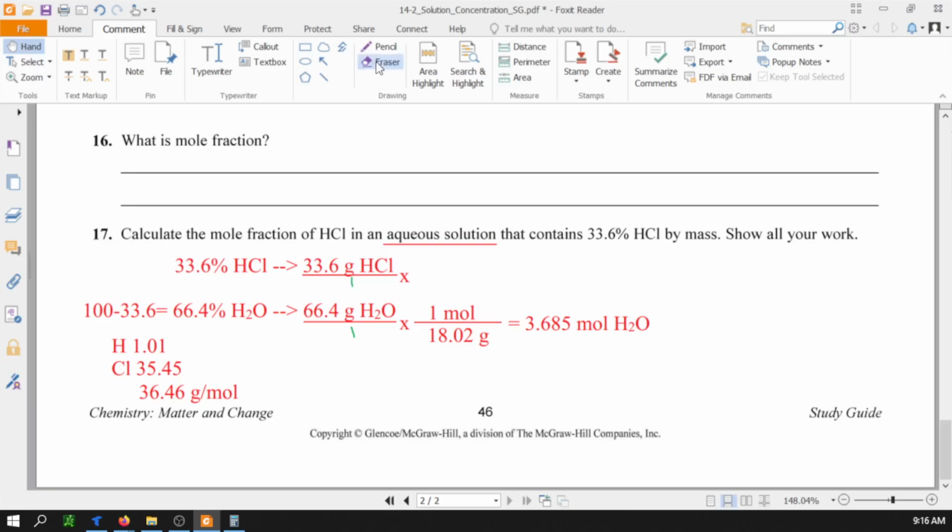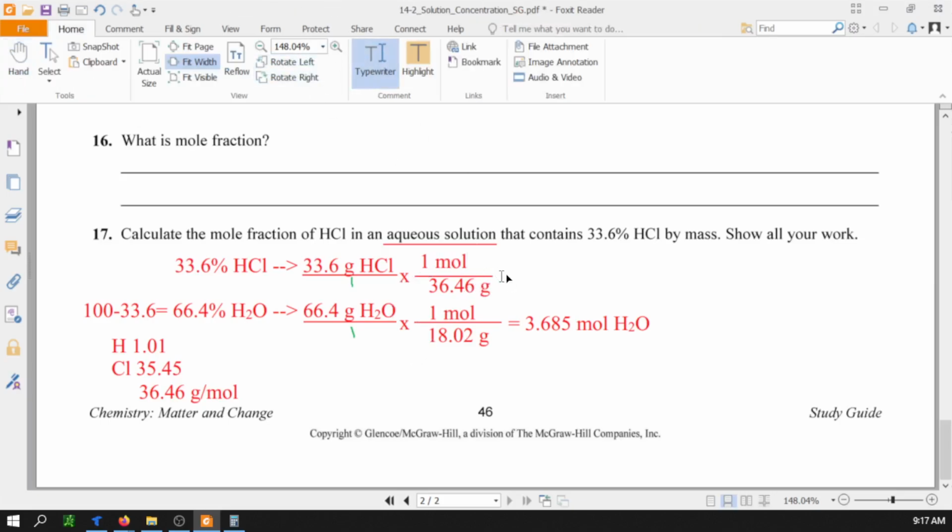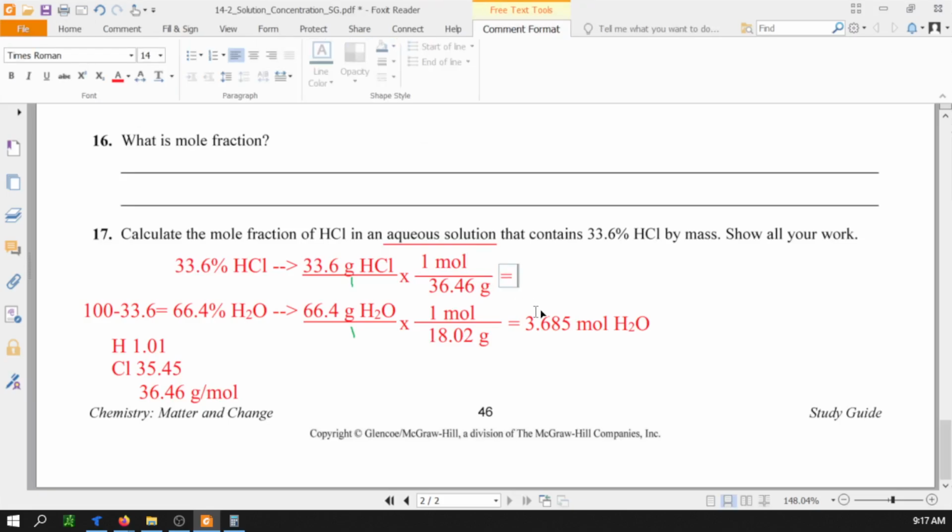Do the same conversion that I did with the water. 36.46 grams for every 1 mole. And then on my calculator, 33.6 divided by 36.46, I get 0.922 moles of hydrochloric acid.